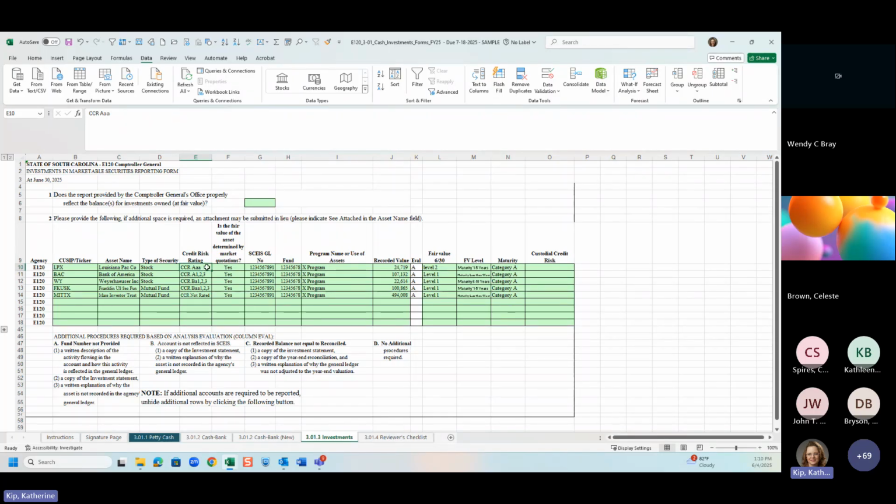Fair value level is determined on how the investment is valued. It's basically a level of transparency. If it's a level 1, that means it's traded on the stock exchange. It's a very clear example of the pricing structure. There's no question as to how it's being priced.